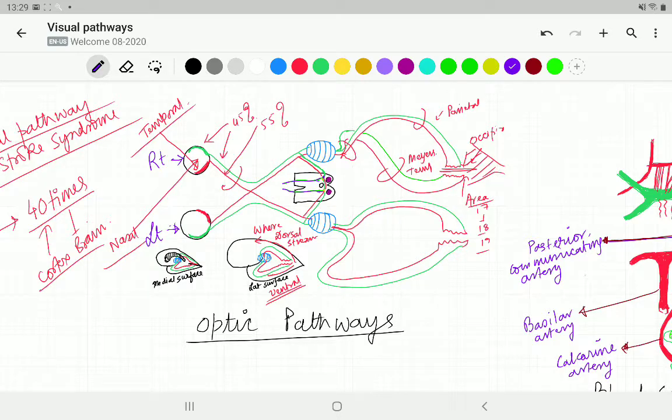So the light reflex also happens in the opposite eye because of this connection. Now, if there is a lesion either in the ophthalmic artery or the central retinal artery where the information for the light reflex is not carried at all, then there will be loss of light reflex on that particular side where the retina is damaged. But if we throw the light on the opposite eye, that eye will constrict.